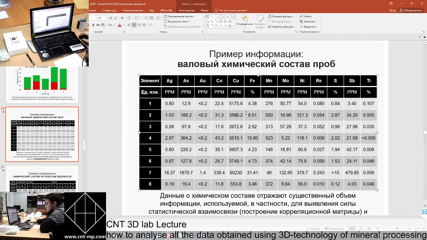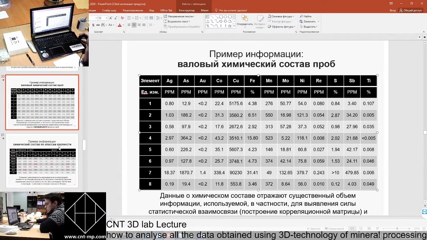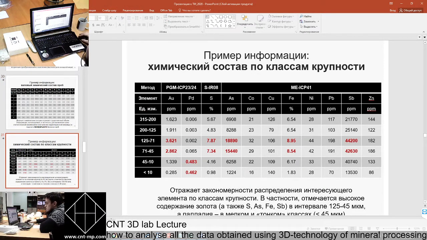So for example, there is 1 sample and 8 size fractions, and it is not so easy to fit a lot of data in one table, to put it on one page. So we use a special color identification of main cases.